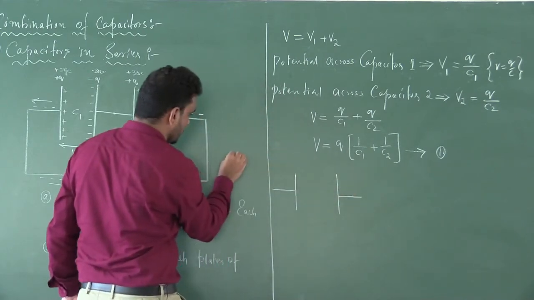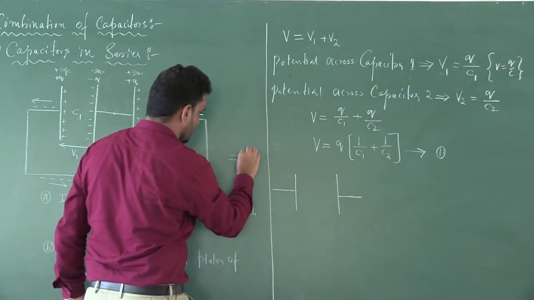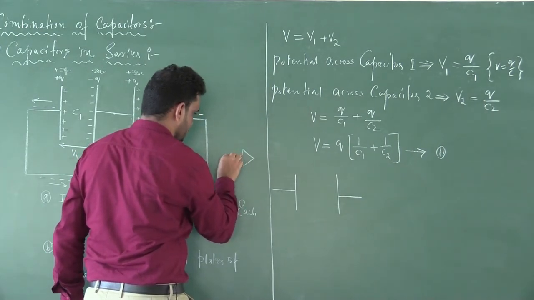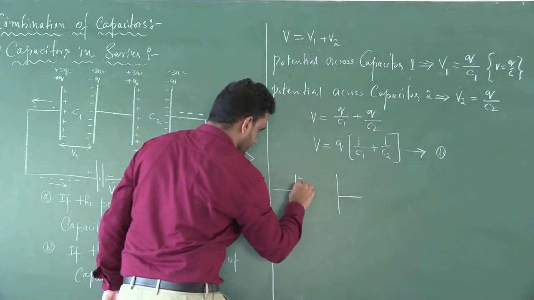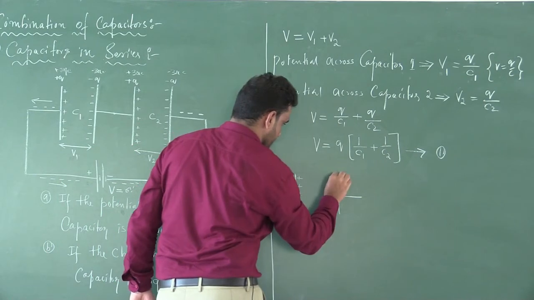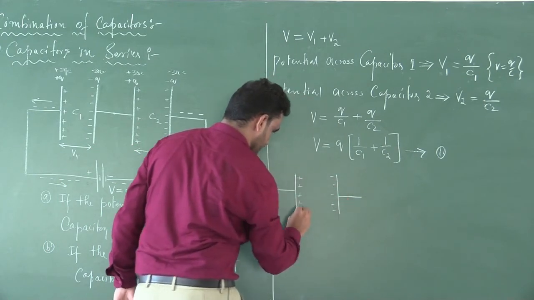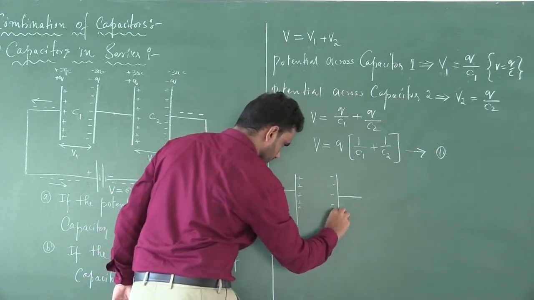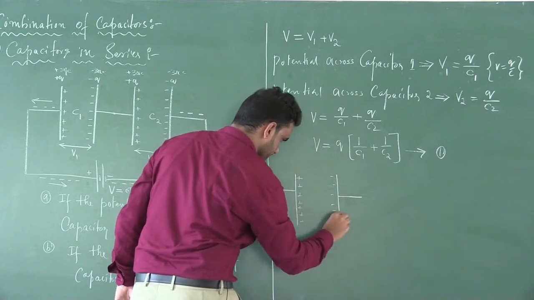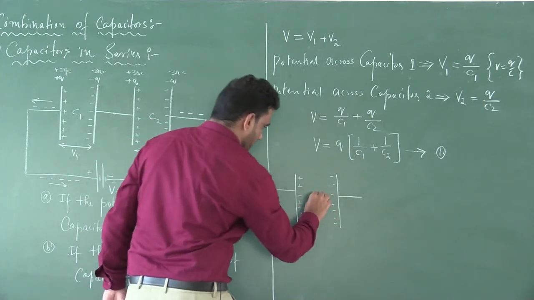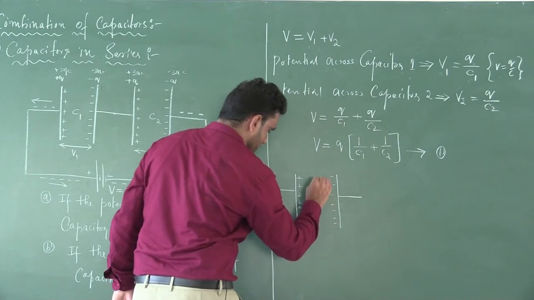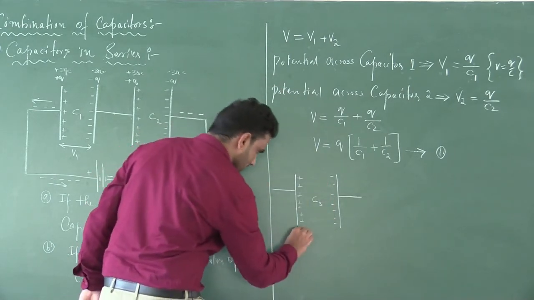So we have to show that both will be equal. And the capacitance of this effective capacitor is taken as CS.